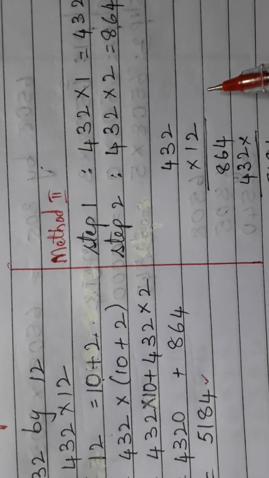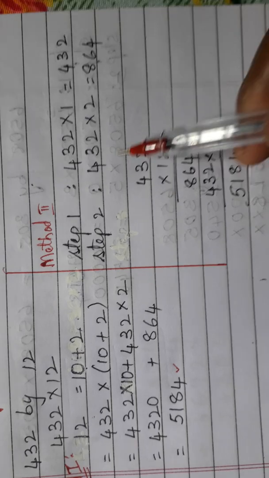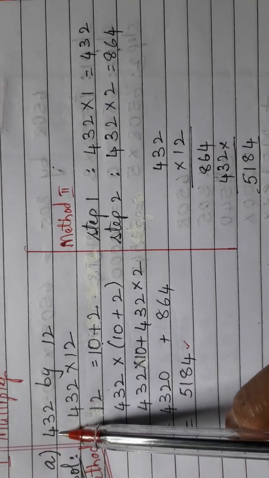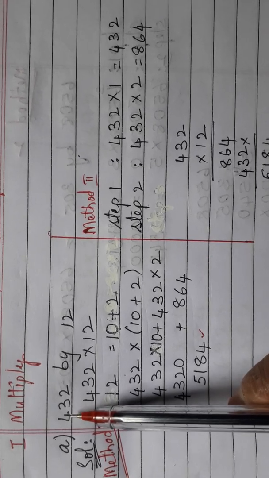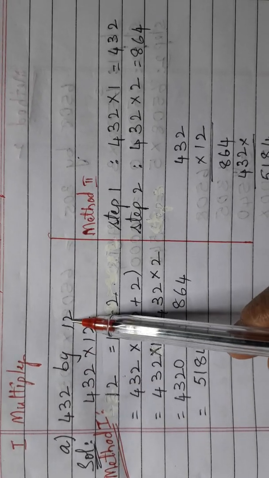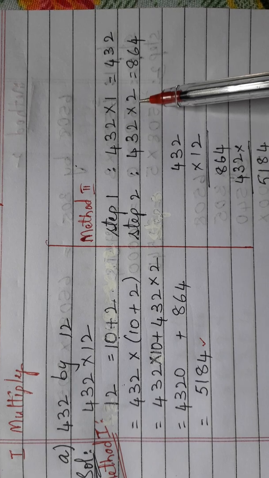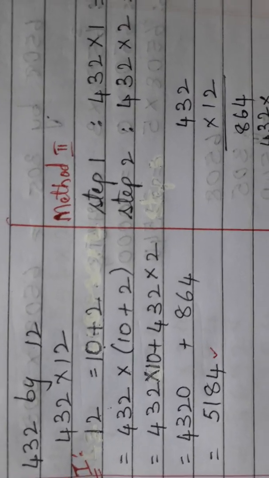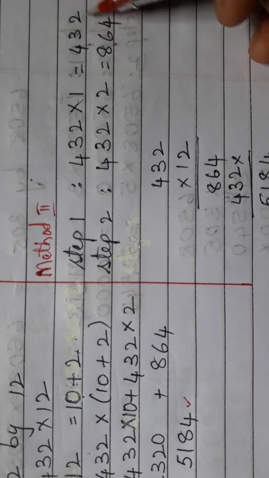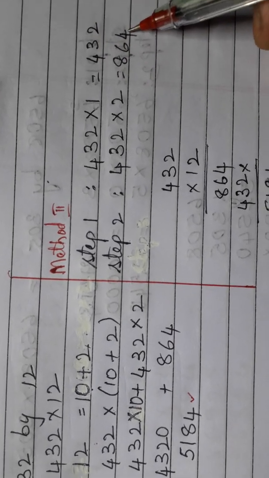Now the second method, as we all have seen, take separately 432 into 1 and also second step is 432 into 2. This only we have done. So the answers are 432 and 864.